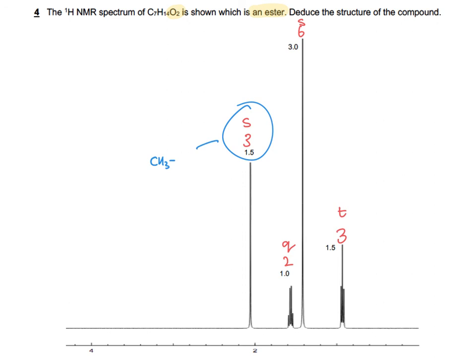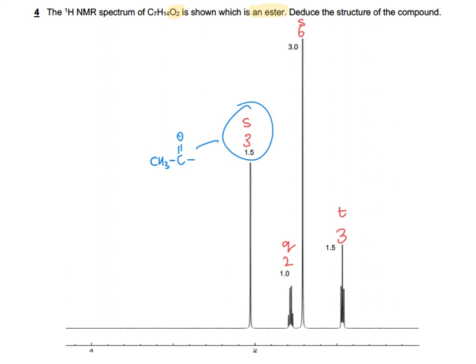So I look at the chemical shift, and that chemical shift is about 2.1. So that tells me that that methyl group is attached to a carbonyl. I use my data sheet to realise that.